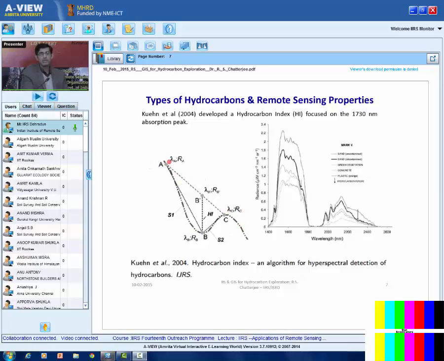Now here, say this is lambda A, and there are three points A, B and C. This is based on the band absorption depth logic.